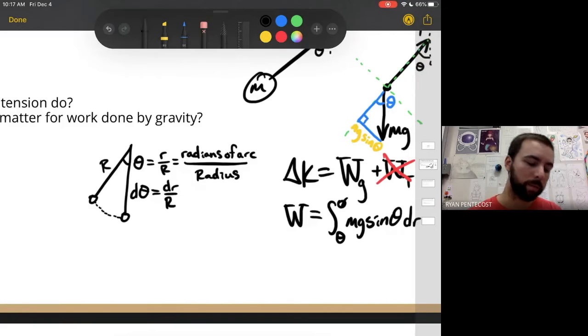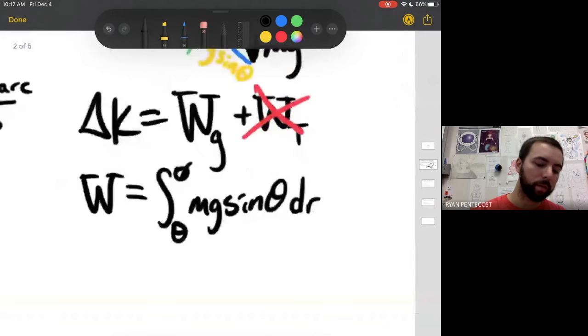But here, we have our radius that is set in stone. The string is not going to change its length, and the object will not bob through its swing. Let's say it's a smooth swing. The radians and the theta will change as it swings. But we have an issue here.